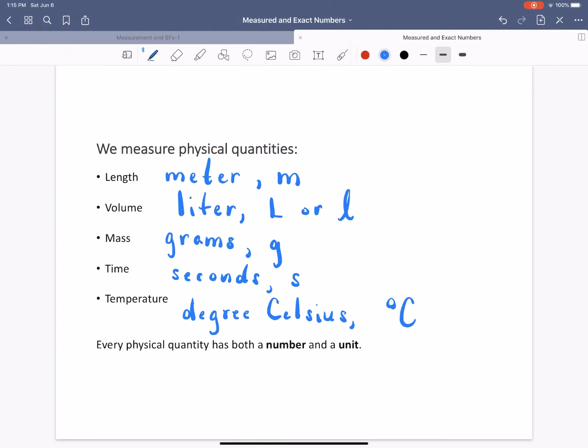Every physical quantity has both a number and a unit.